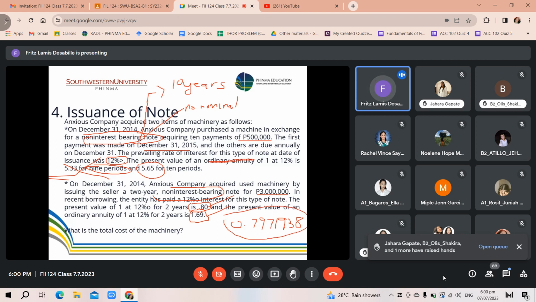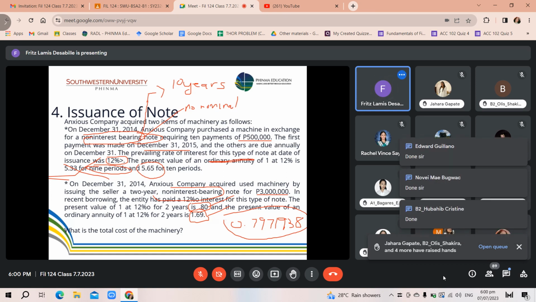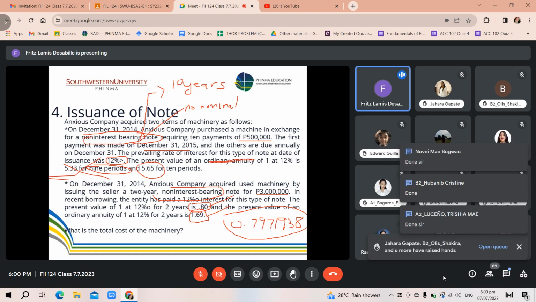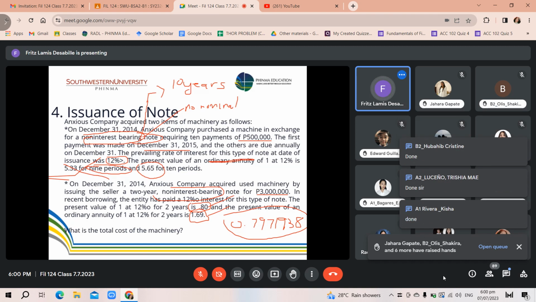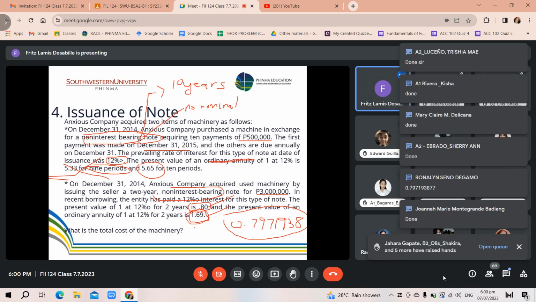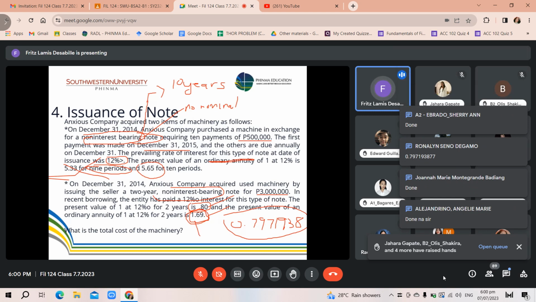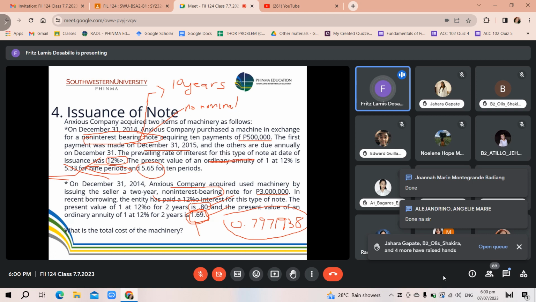Please, if you're done, raise your hand or type done. And just for the heck of it, please compute this 1.69 also, so that you get practice with present value.